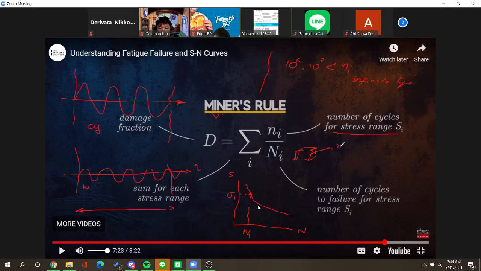So for infinite life, we have to make sure that each cycle will be located below this fatigue limit for each component. We have to make sure that the maximum amplitude will not appear above this fatigue limit.